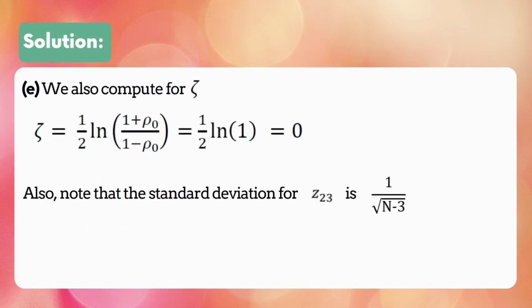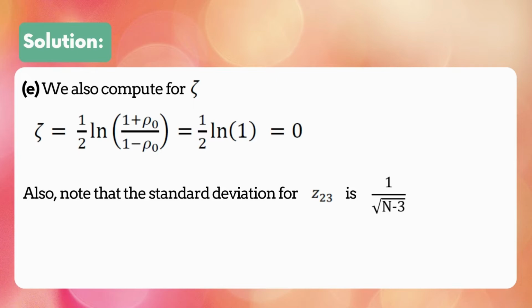We also compute the zeta, which is equal to 1/2 the natural log of (1 plus the hypothesized value of the population correlation) divided by (1 minus the hypothesized value of the population correlation). This is equal to 1/2 the natural log of 1, which is equal to 0.